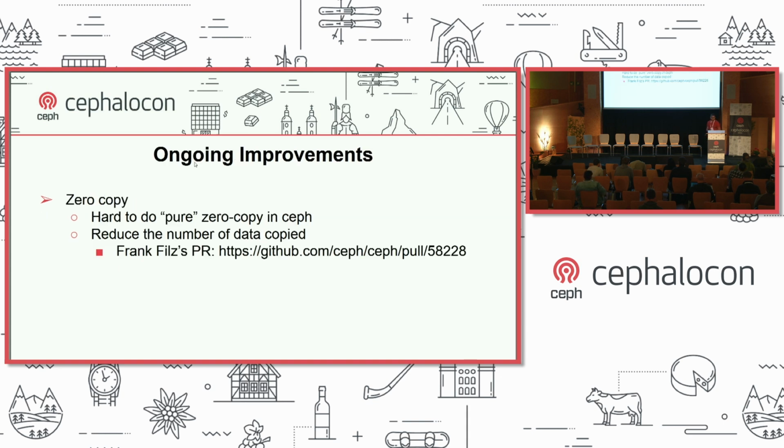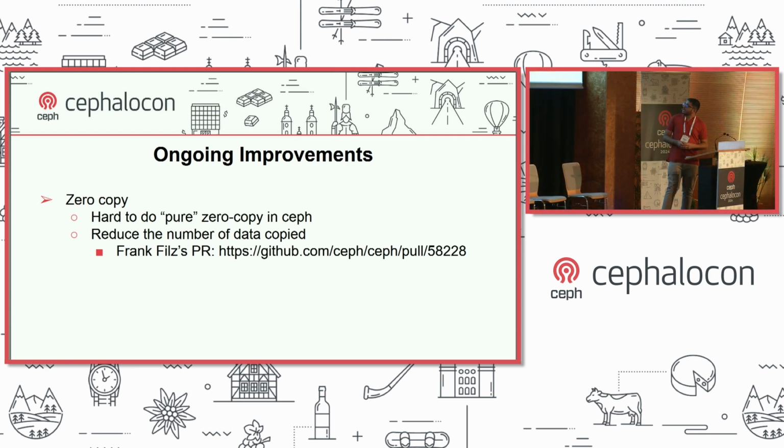There are some ongoing improvements. One such improvement is to implement zero copy with the I/O interfaces in Libcephfs. This doesn't necessarily mean just async I/O, but also the synchronous I/O interfaces. It's a bit hard to do pure zero copy, but the efforts are to minimize copying as much as we can.